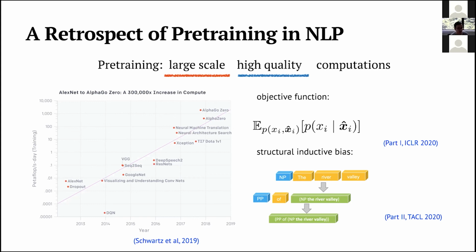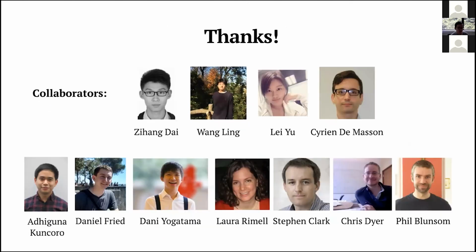Another is that language is always compositional and hierarchical. So can we induce this kind of structural bias in our pre-training models to achieve better performance? So that's the second part of the talk. That concludes the talk today, and I will thank my colleagues for this work.